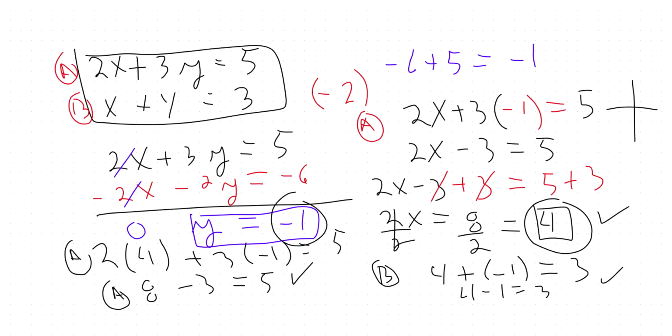So x is going to be 4 and the other one is going to be minus 1. So it's going to be somewhere around here. This is minus 1 right here, so it's going to be in the fourth quadrant. There we go, and that's the solution to this one.